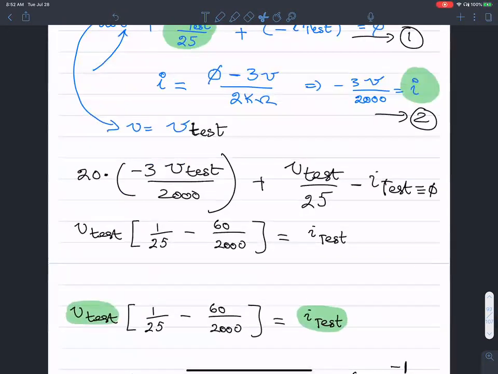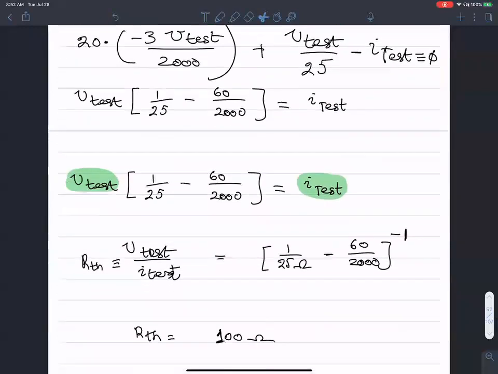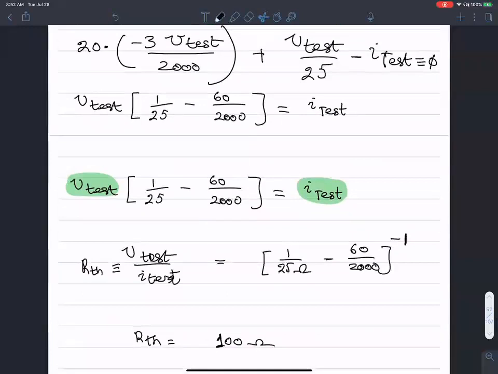You are left with one big equation that has two unknowns. You don't need the particular values of these unknowns, V test and I test. You just want a ratio of these two. So you rearrange the equation to get a value for V test over I test, which comes out to be 100 ohms. So that's how you'd find the Thevenin equivalent.